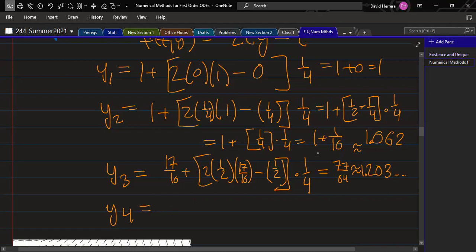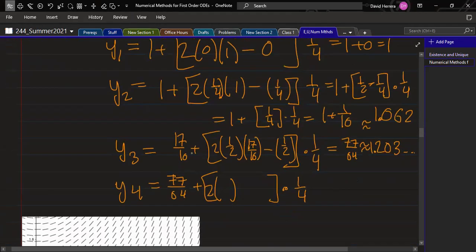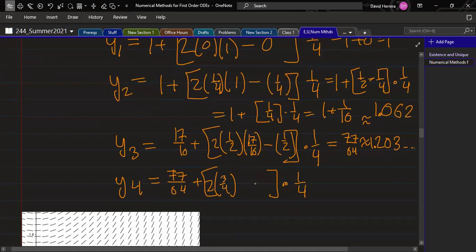For this next one, use the same exact format. Use the previous point. Apologies, Y4. And then you add the derivative of the previous point times the step size. So this is 2t. So what is the t of the previous point? It's 3/4, times the y, which was 77/64.